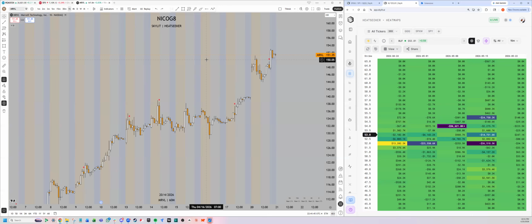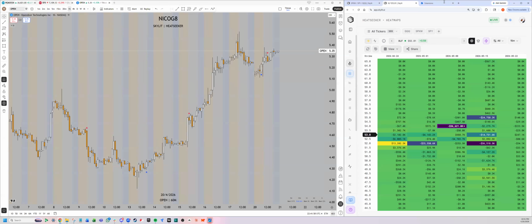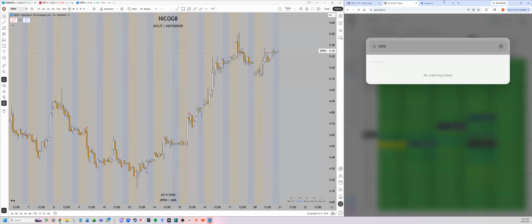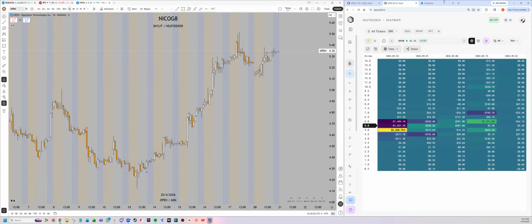Open. Yeah, actually, you're right. Open has a pretty good reverse rug.